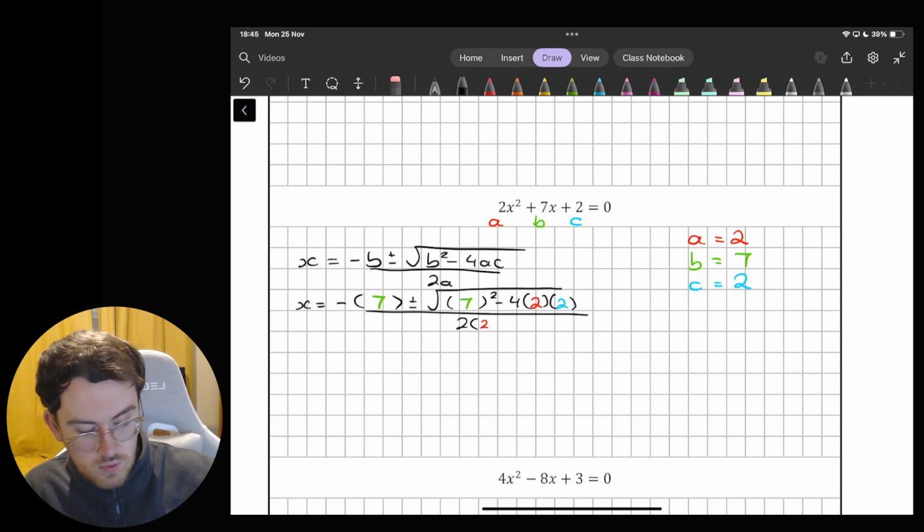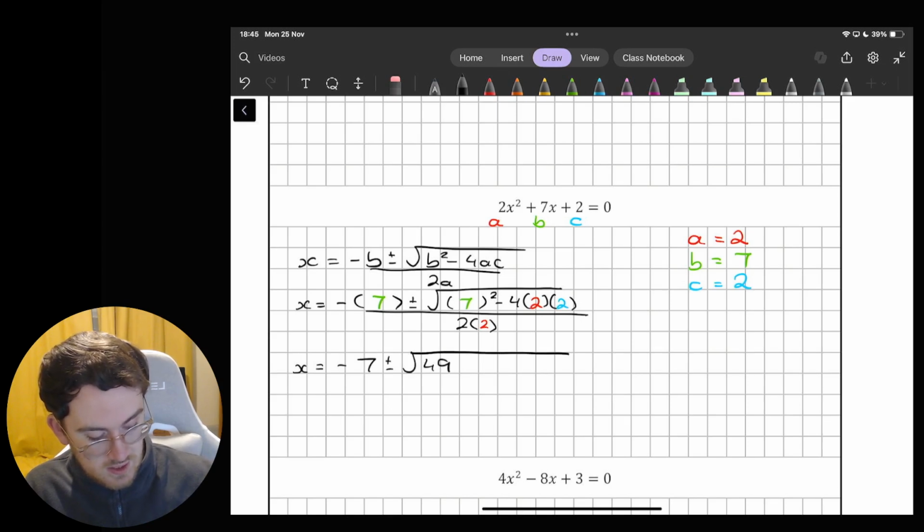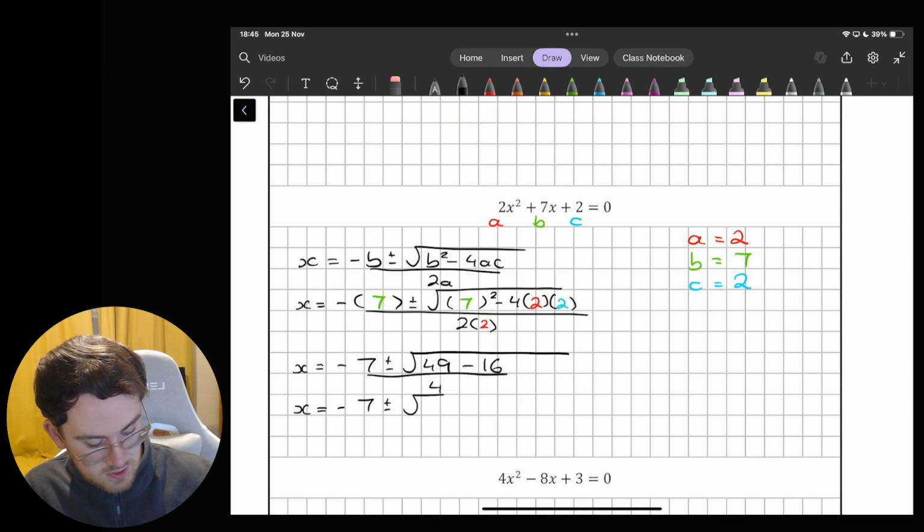As we said before, we could type this directly into our calculator at this point, but we'll go that little step further just to solve some of it out. 7 squared is 49, minus 4 times 2 times 2, which is minus 16, all over 4. Let's keep going. Minus 7 plus or minus the square root of 33, all over 4.